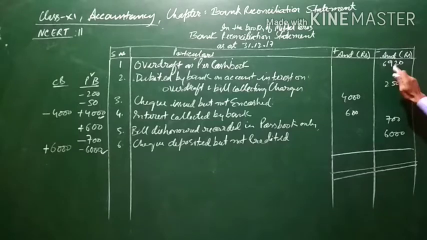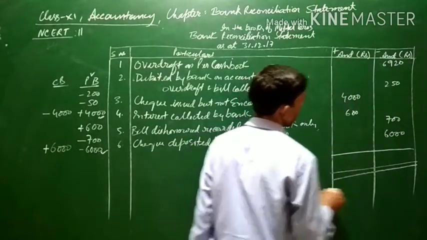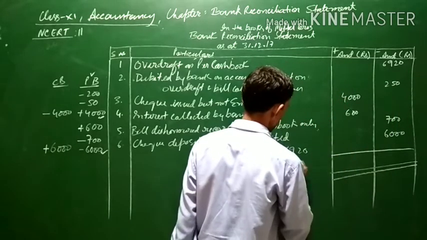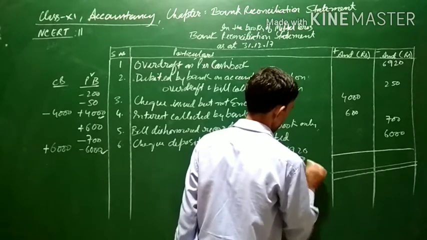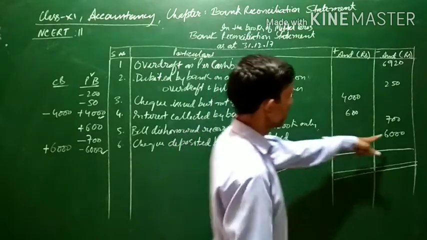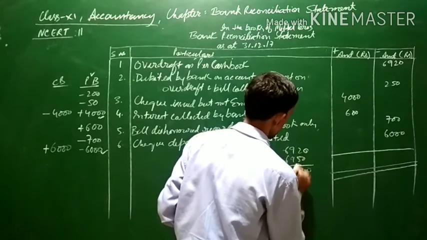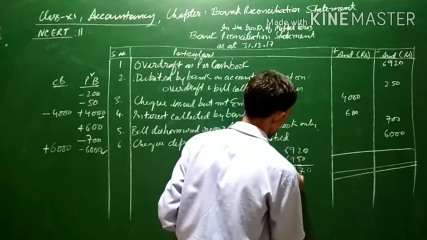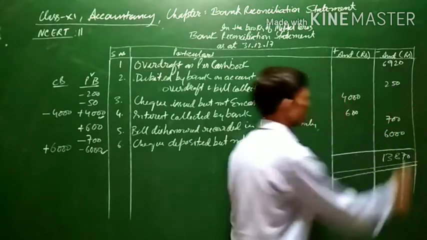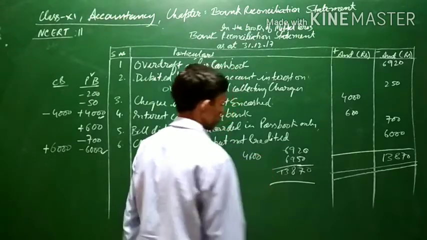Adding the minus column: 6,920 plus 6,700 plus 6,950... the total of the minus column is 13,870, and the plus column side has only 4,600.